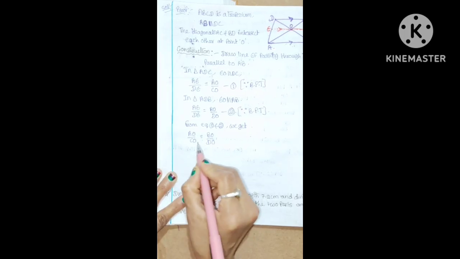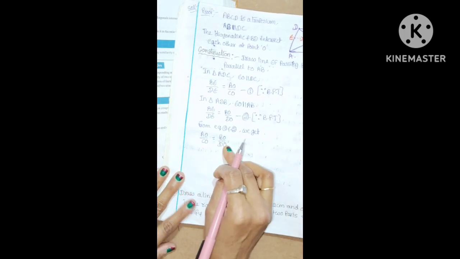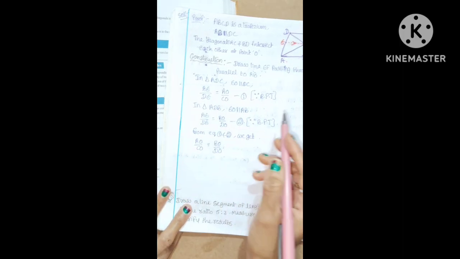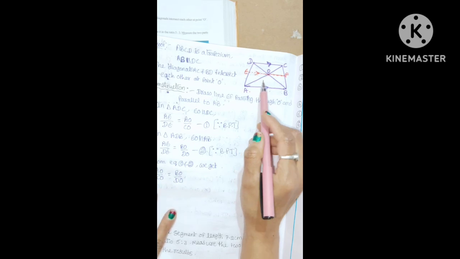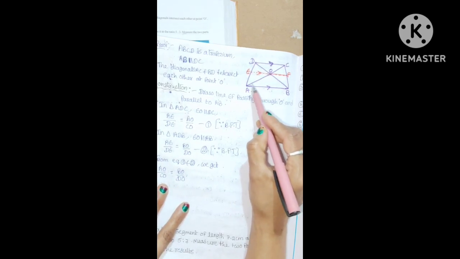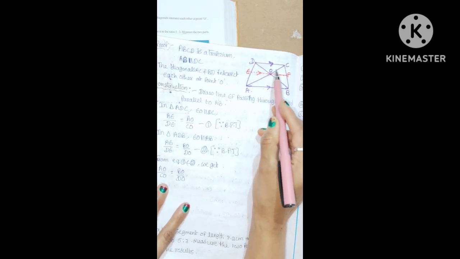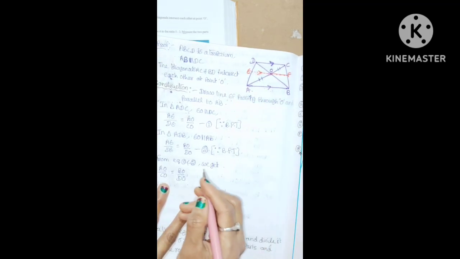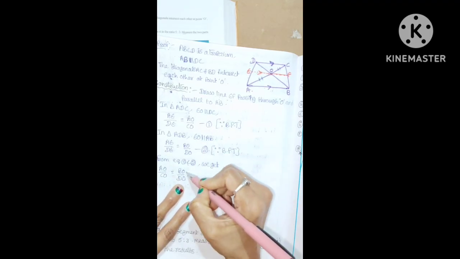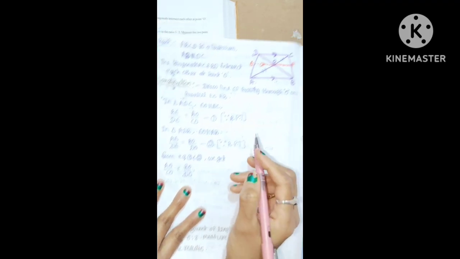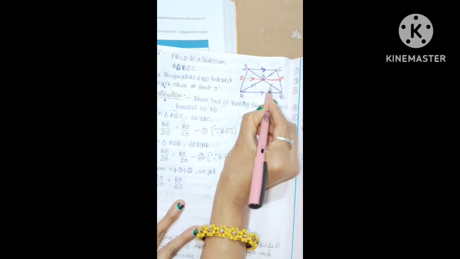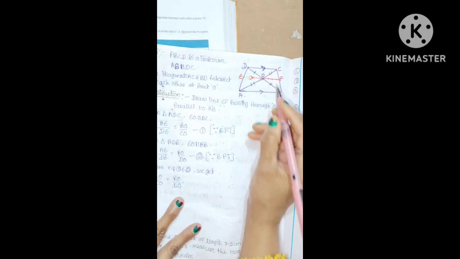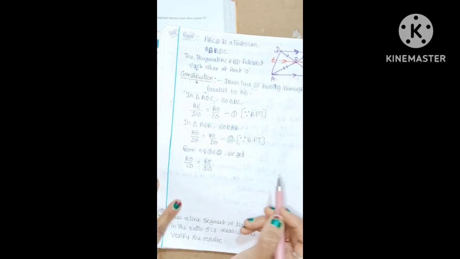These two sides' ratios are equal. This is proved. So look here at the figure: AO by CO equals BO by DO. These two ratios are equal only.